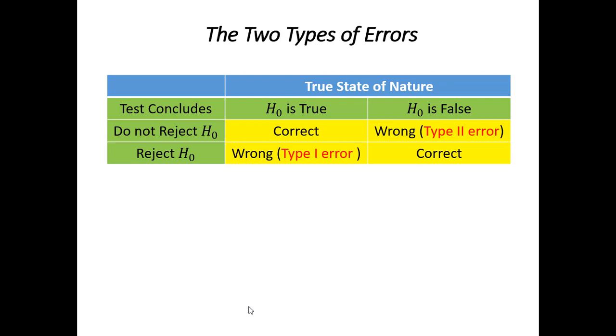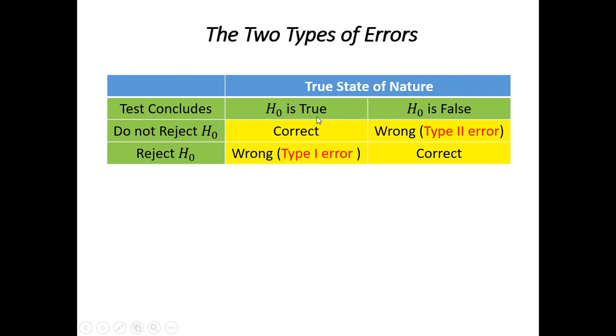Okay, now when we state hypotheses, there are two different types of errors that you need to understand well. One way to think of this is, hypothetically speaking, suppose you knew the true state of nature. Of course, in most applications you do not, but for the sake of understanding the theory, let's suppose that one did know the true state of nature.